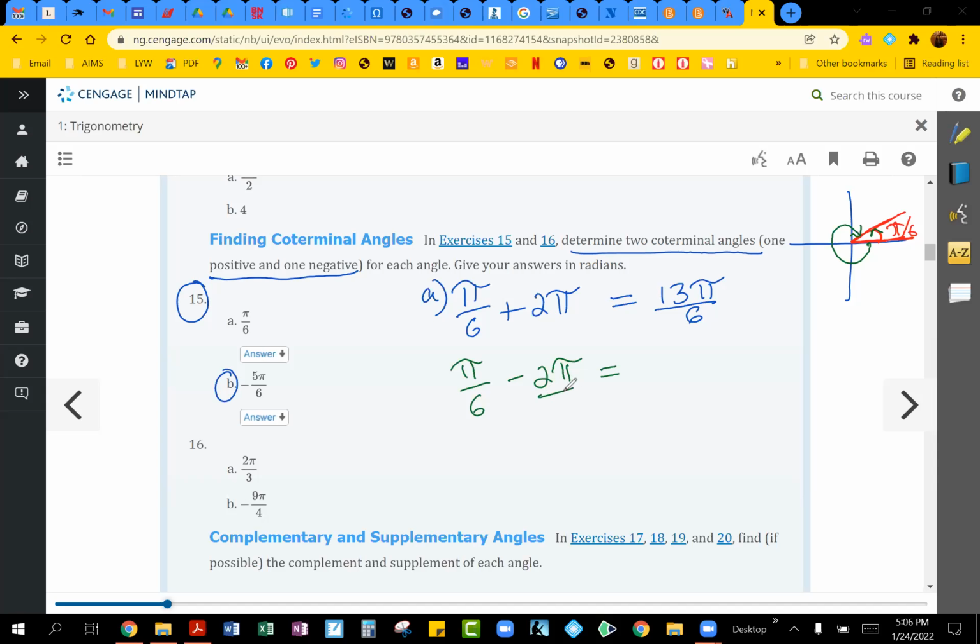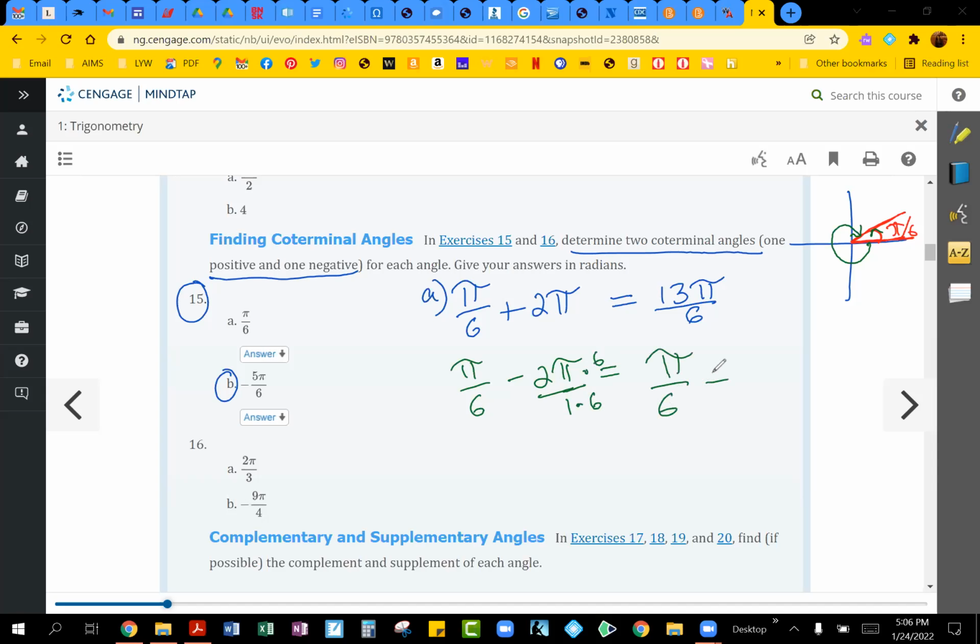Start by thinking about this 2 pi as 2 pi over 1. And then remember how with fractions, we always find our common denominator. That's the same process we're going to do here. Since I have my denominator as 1 and I need my common denominator to be 6, multiply this fraction by 6 on the numerator and denominator.